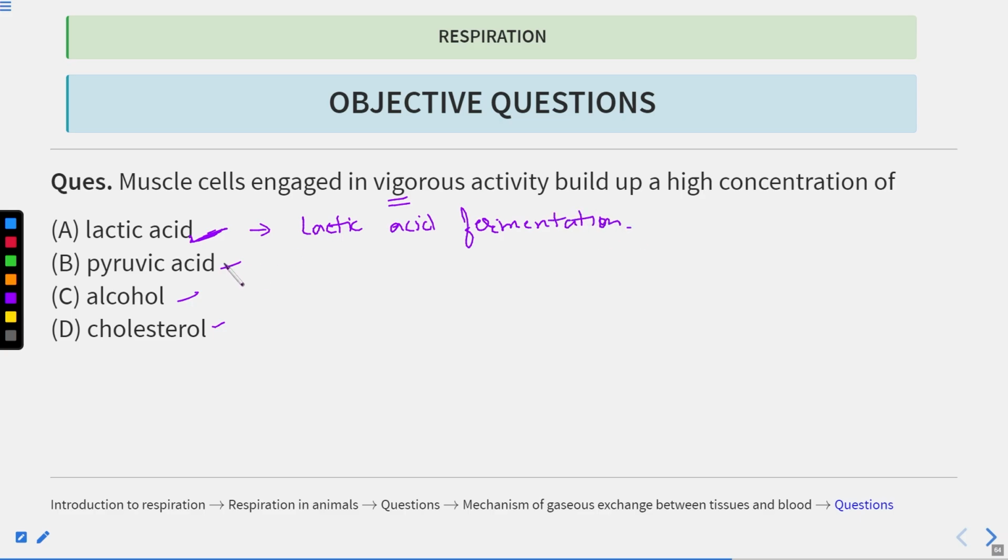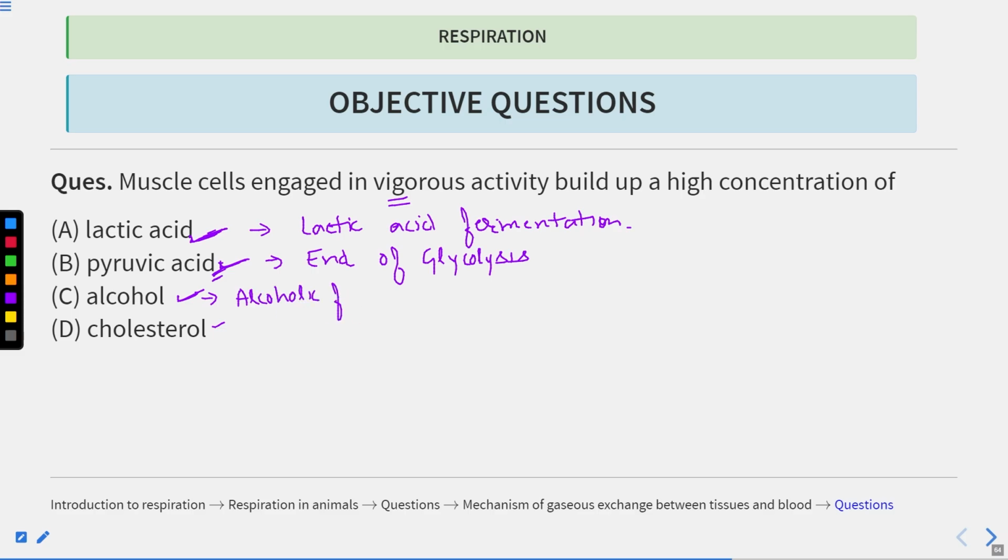Pyruvic acid is produced at the end of the glycolysis. So this is not the correct answer. And pyruvic acid is further converted into lactic acid or ethyl alcohol, or it can be completely oxidized, and that process is known as aerobic respiration. So pyruvic acid can enter the Krebs cycle also by first converting into acetyl coenzyme A. Then alcohol, you can say ethyl alcohol, is produced during the alcoholic fermentation.